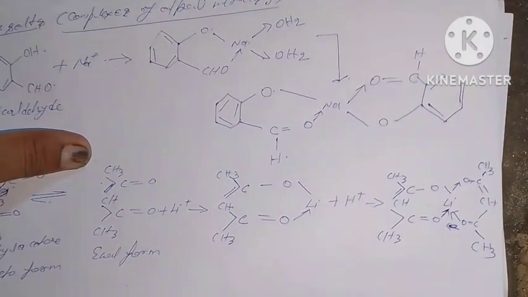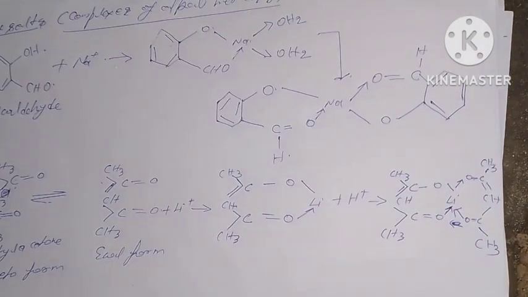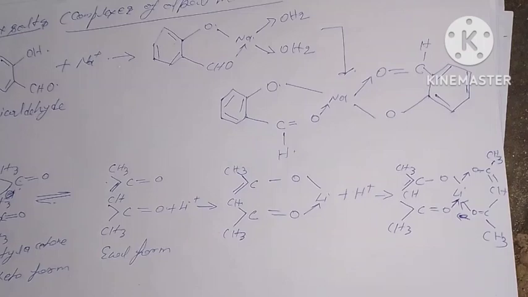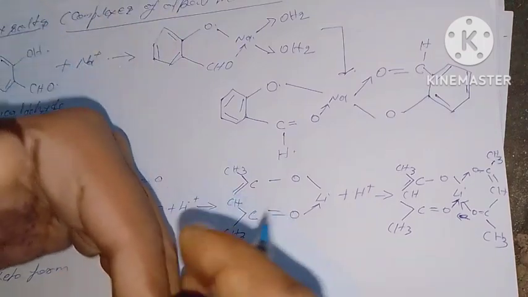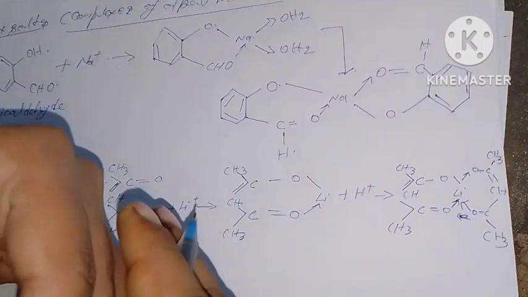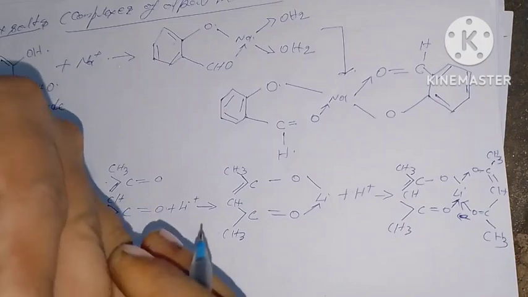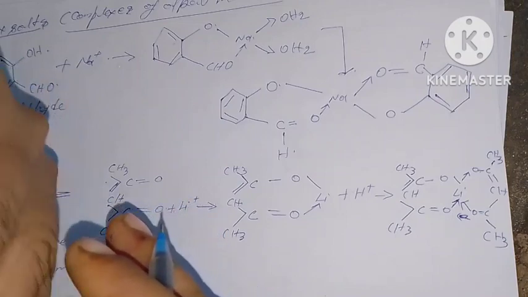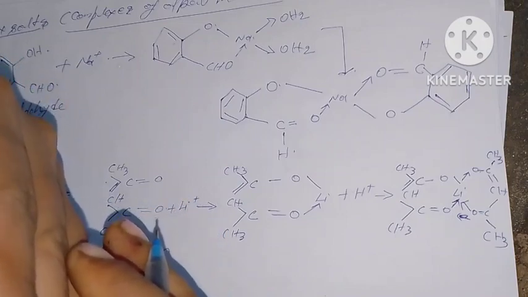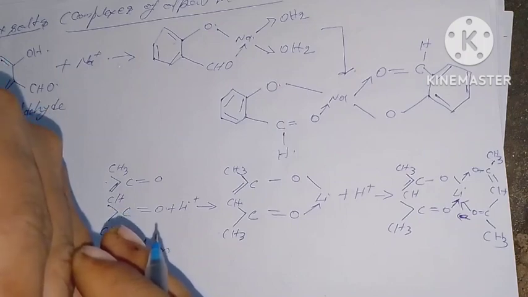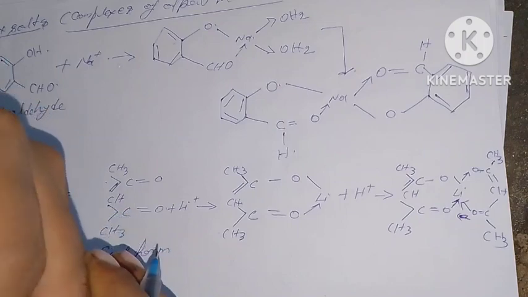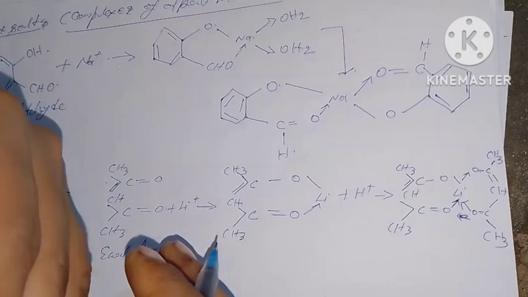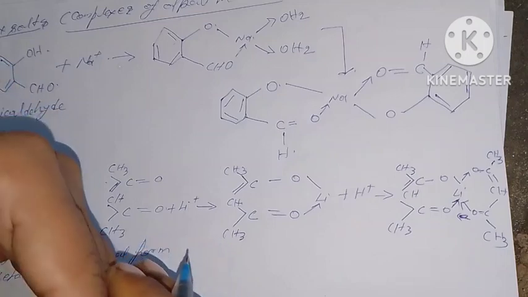Analytical test. Alkali metal salts give characteristic flame colors. For example, sodium salts give a golden yellow flame and potassium salts give a violet flame in a Bunsen flame. The characteristic color is due to emission of energy.